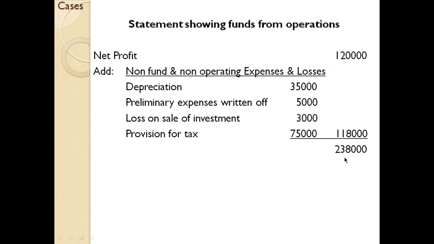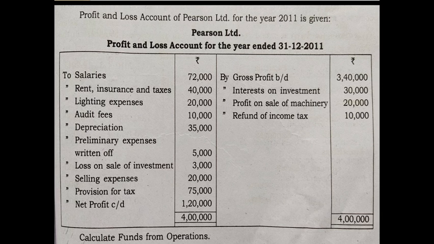Next one is less: non-operating incomes. If you go through the account, you can see that the items given on the credit side are the non-operating incomes. Remember, not all the items come under the non-operating income head. Just go through the items given here. First one is gross profit. You need not take gross profit, neglect that amount. Next one, interest on investment.